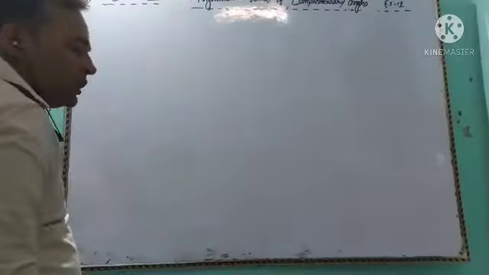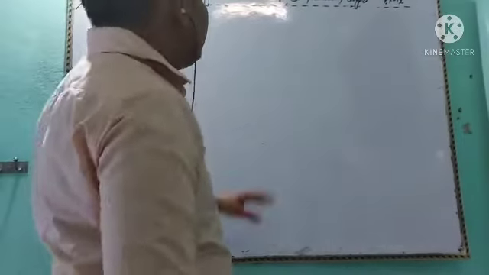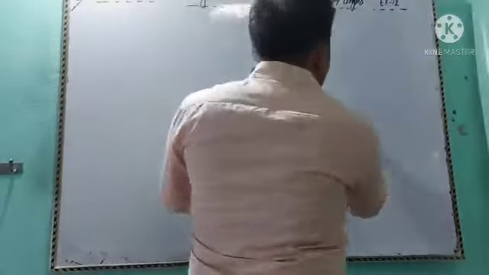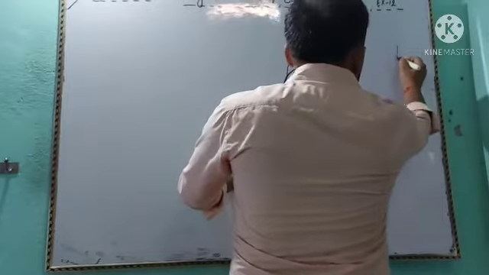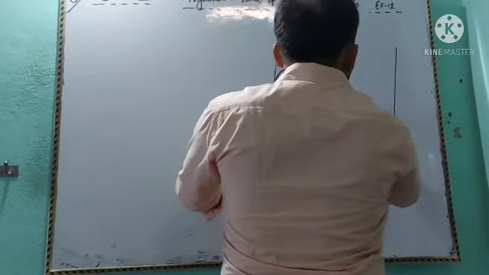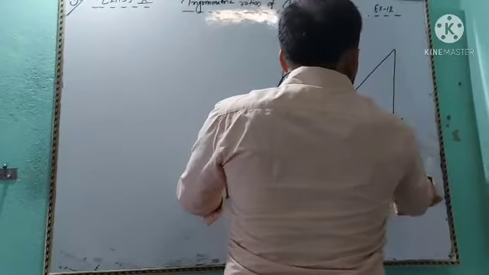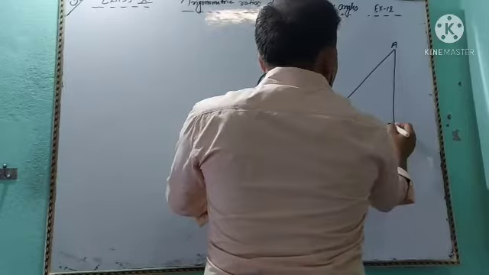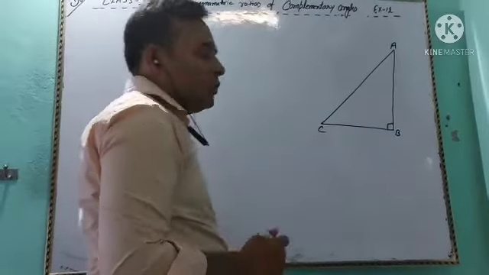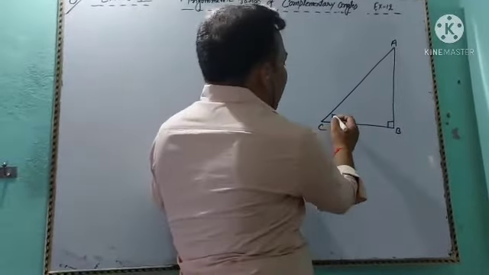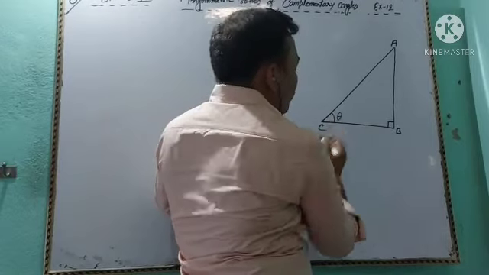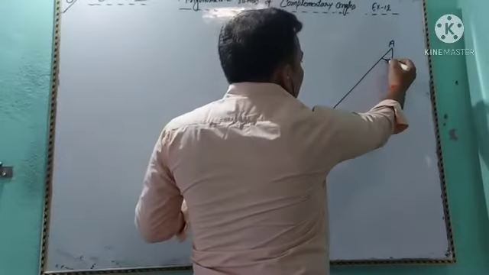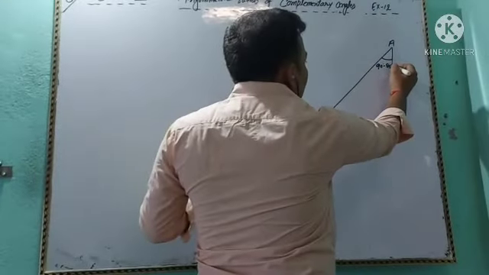Okay, so students, let's start trigonometric ratios of complementary angles. First of all, we draw a right angle triangle ABC. B is 90 degrees, and let angle C be theta, then angle A is 90 degrees minus theta.